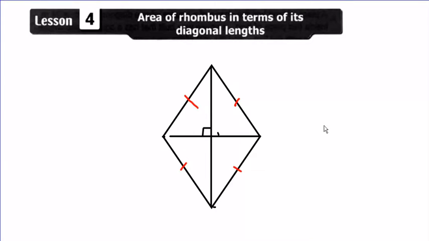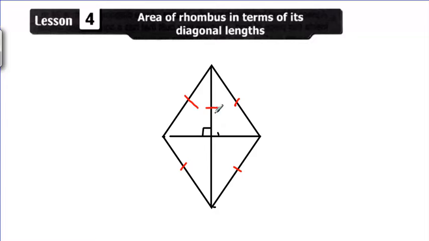This is the rhombus. The rhombus has four sides, and the four sides are equal. It has two diagonals. The two diagonals are perpendicular but not equal, and they bisect each other.